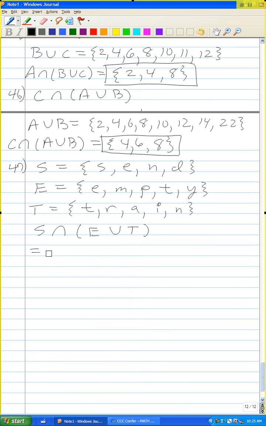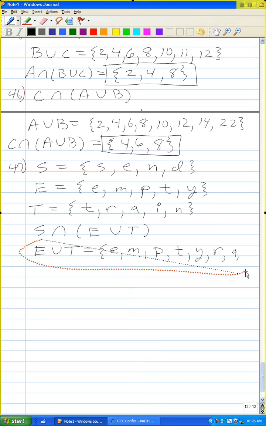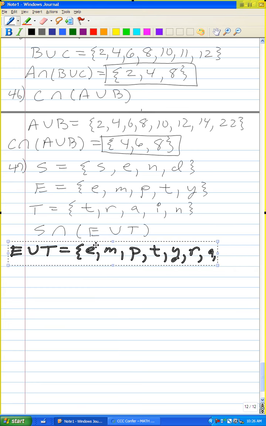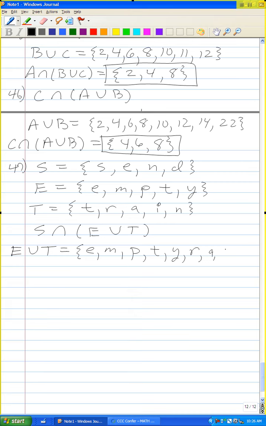And so let's first determine E union T. So that's the set E, M, P, T, Y. There's already a T, there's no R, there's no A, there's no I or N. A, I, N. Okay, let's determine S intersect E union T. So what's the overlap between this and S?